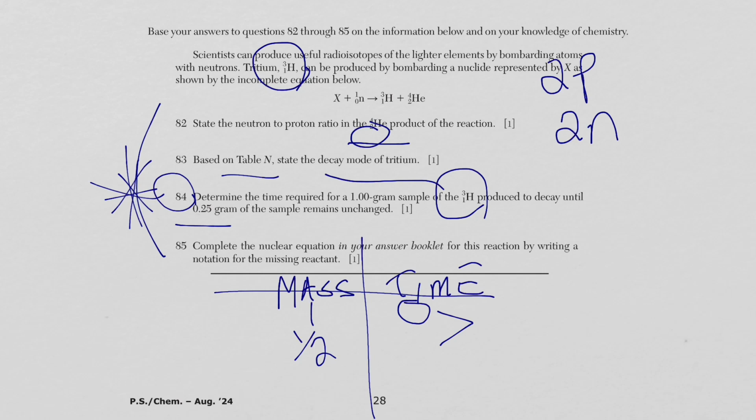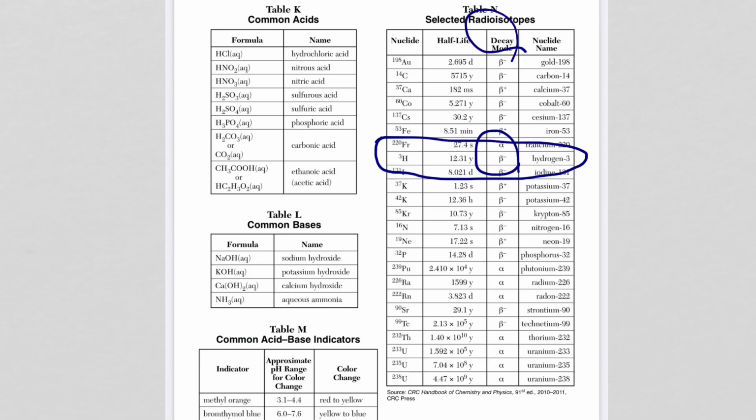A half of a half, now a quarter or 0.25, and that'll be another half-life. So what we need is the half-life for tritium or hydrogen 3, and then we need to go ahead and multiply it by 2. Here it is, 12.31 years.